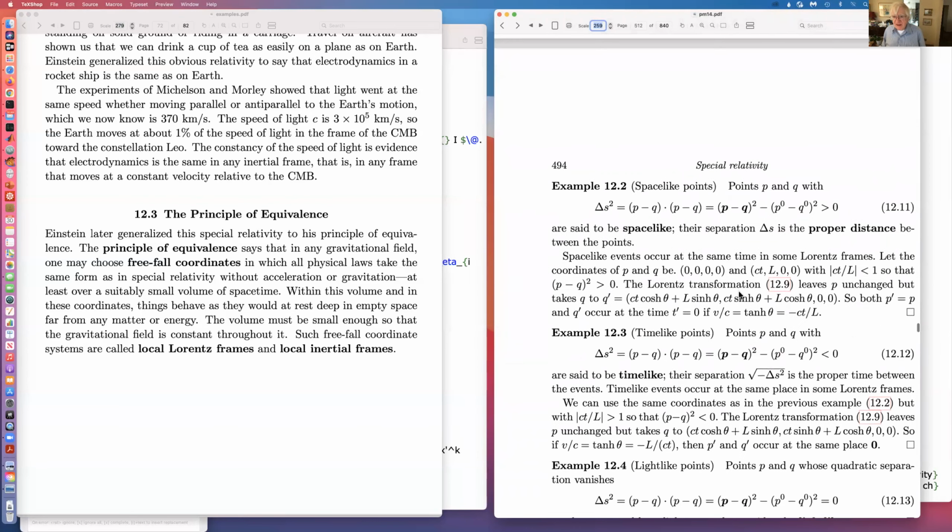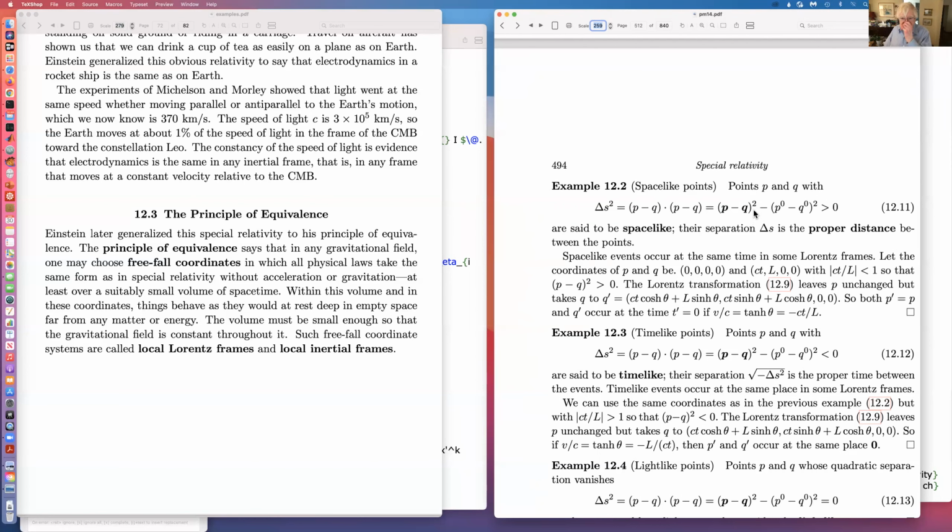An example of that is, suppose P and Q are the 4 vectors representing 2 events. Then the Lorentz invariant dot product is the space part squared minus the difference in the time part squared. By space part, I meant P minus Q: the dot product of the 3-vector P minus Q with itself, the space part of the 4-vector P minus the space part of the 4-vector Q, squared, minus (P0 minus Q0) squared.